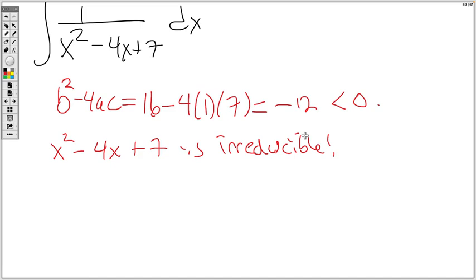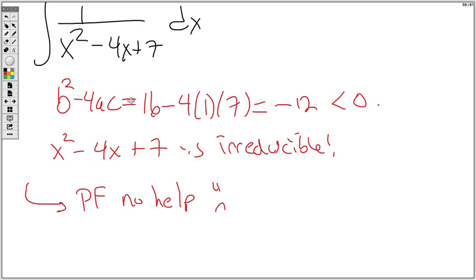Which means we can't break it down any further. You follow? So partial fractions isn't going to help us. All right. So if it's irreducible, what do we do? Right, so partial fractions will be no help. So we need some other algebraic thing to do. So what's another algebraic technique we can use?